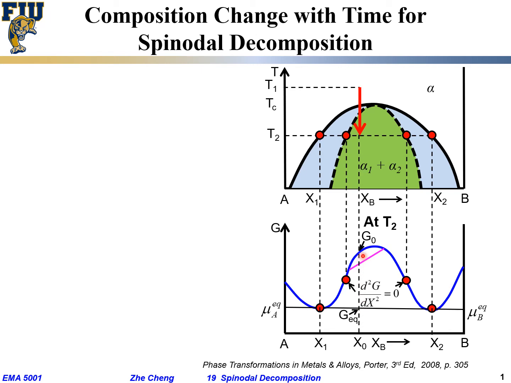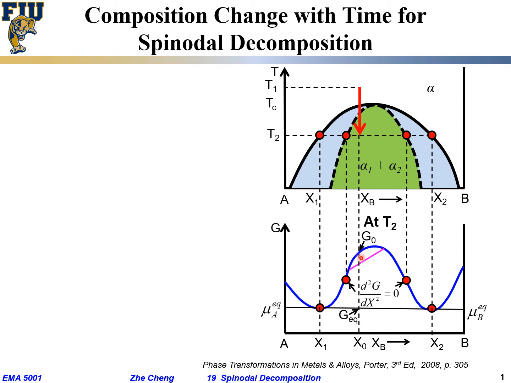Not only that, if I have initially a uniform local region, and this pink curve represents that local region, now through composition fluctuation, it becomes one part that is a little bit leaner, the other part a little bit richer. Make sense? A little bit leaner, a little bit richer. And in this process, our system energy drops from this initial value to a little bit lower. Make sense?